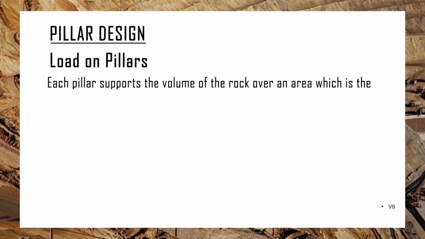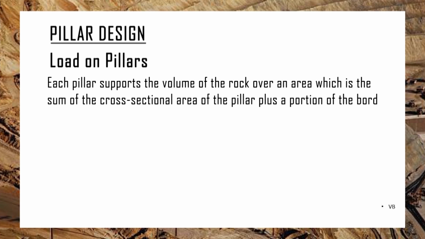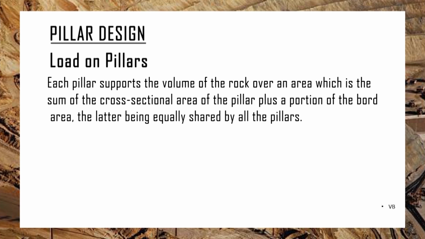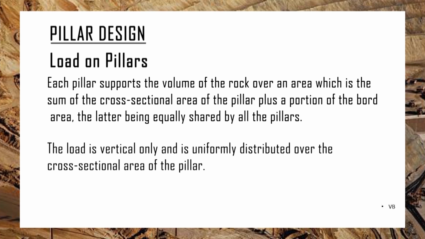Each pillar supports the volume of the rock over an area which is the sum of the cross sectional area of the pillar plus a portion of the board area, the latter being equally shared by all the pillars. The load is vertical only and it is uniformly distributed over the cross sectional area of the pillar.